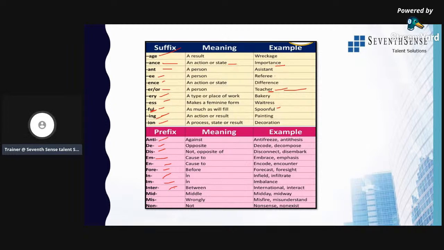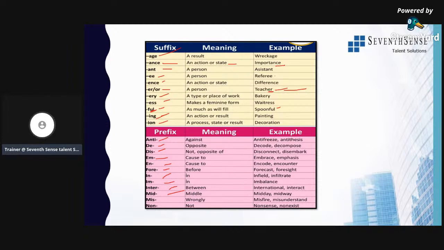Inter, it is in between, international. It means between two nations. Intercultural, that is a cultural competition between two classes and all. Inter is nothing but between. Mid is middle, midway. Midway you are finding some shops.